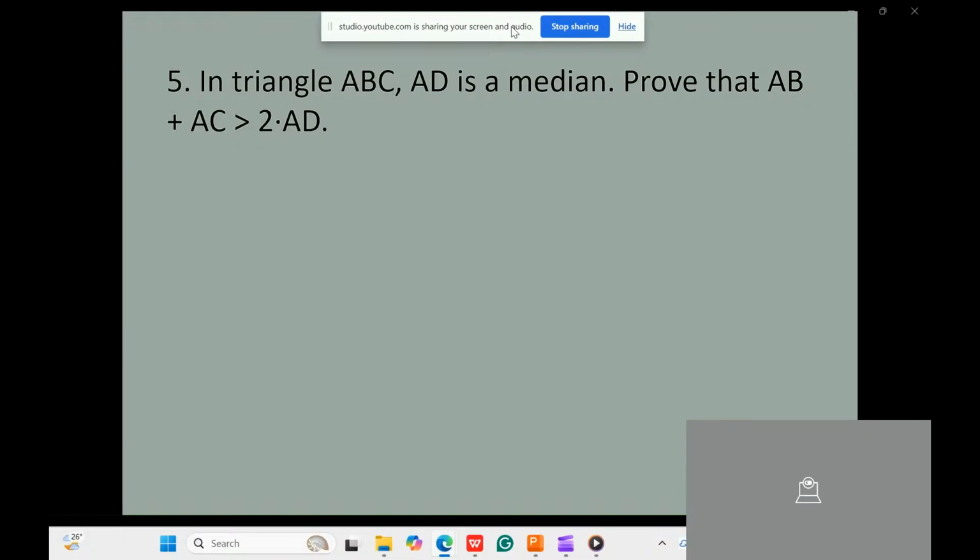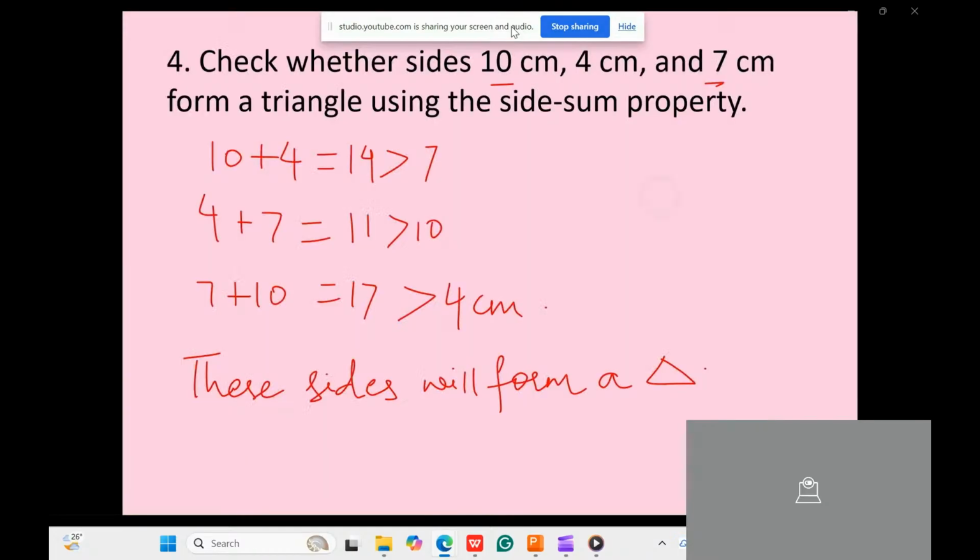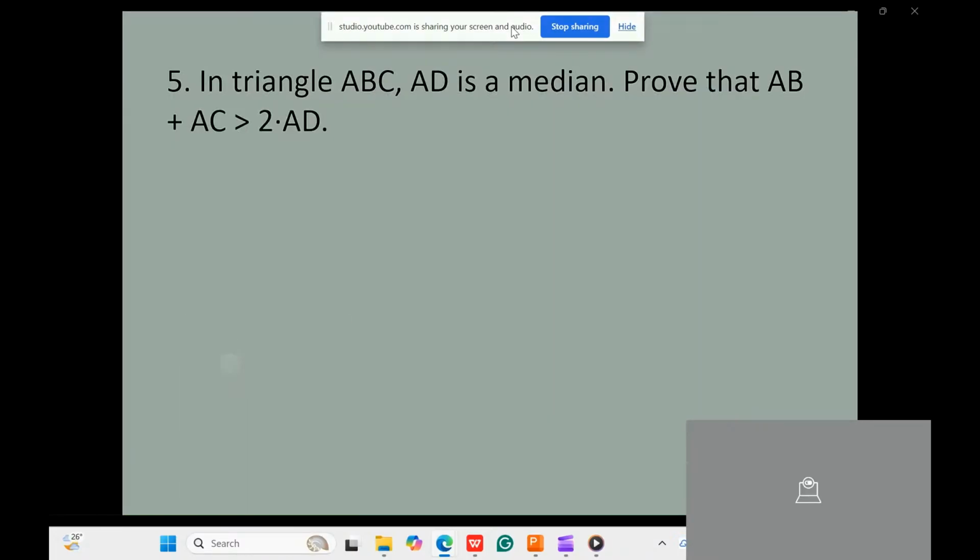Okay. Now in this question we have a triangle ABC again, and we are given that AD is the median. So here AD is the median. So now what happens is that here we have got two triangles because AD is dividing this triangle into two parts.